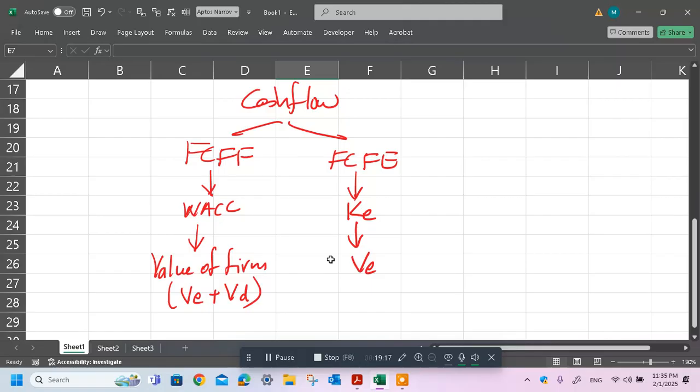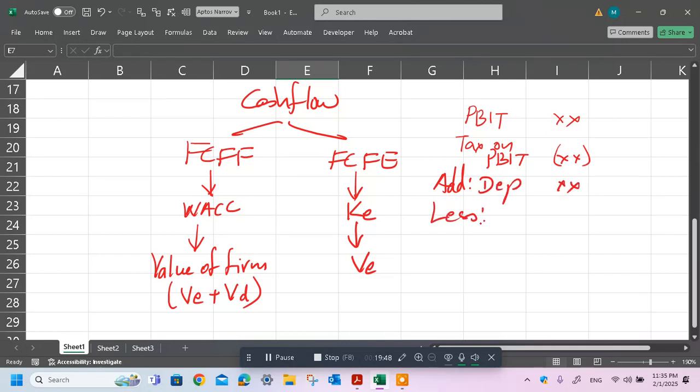Now a question arises, what is FCFF, what is FCFE? You take PBIT, profit before interest and tax. Then find the tax on PBIT, not with the interest impact, without the interest impact. Then add back the non-cash items, like depreciation and amortization.